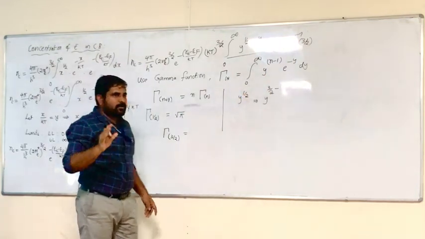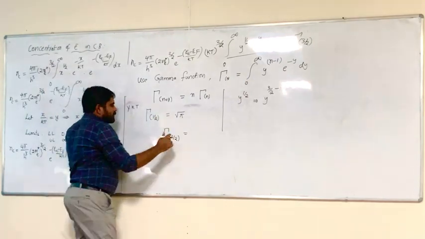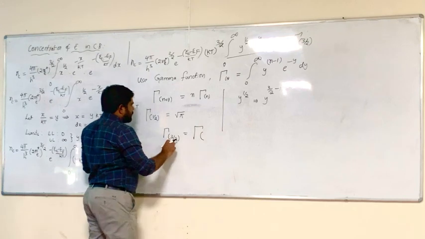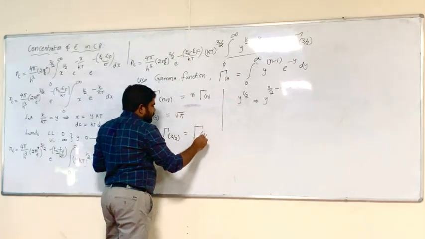So instead of this, I can write the complete thing as gamma of 3 by 2. Gamma 3 by 2 we don't know. We know gamma 1 by 2 as root pi. So gamma 3 by 2 I can write in this form, 1 by 2 plus 1.